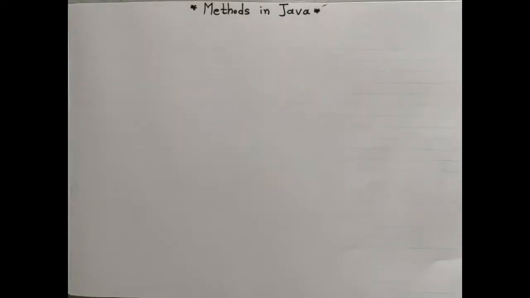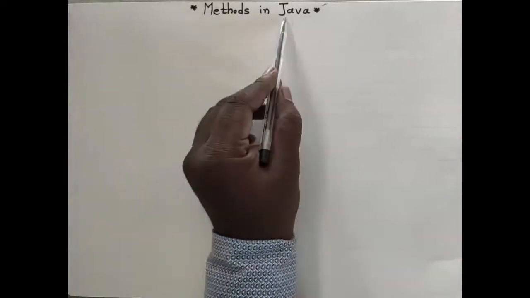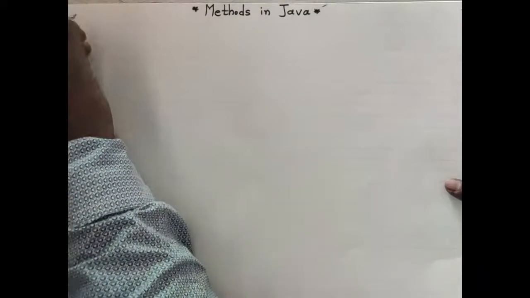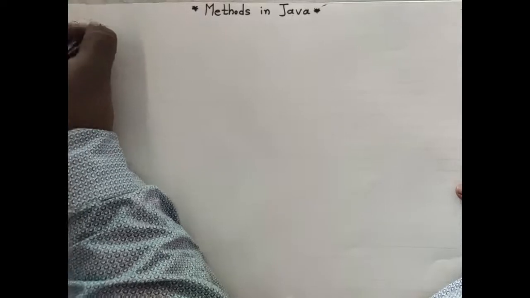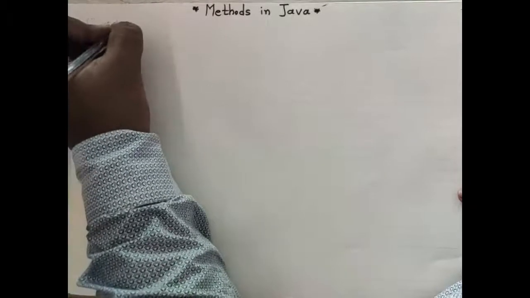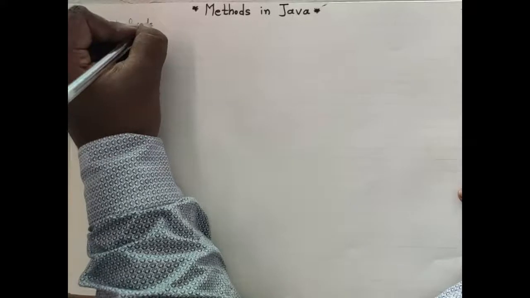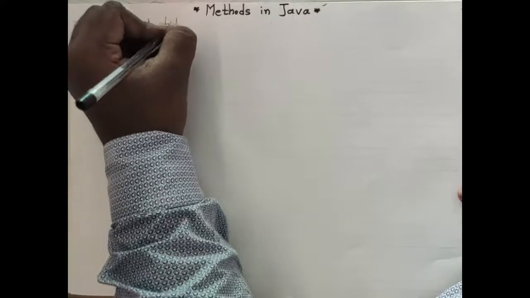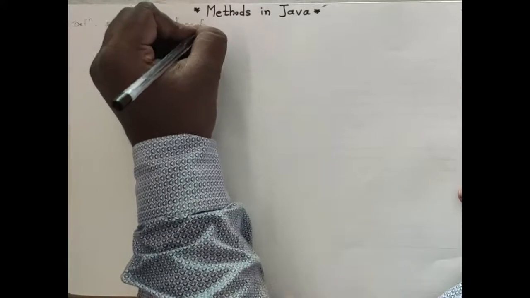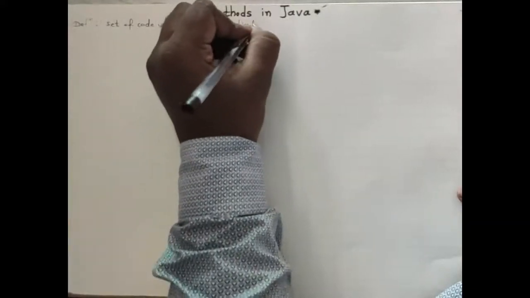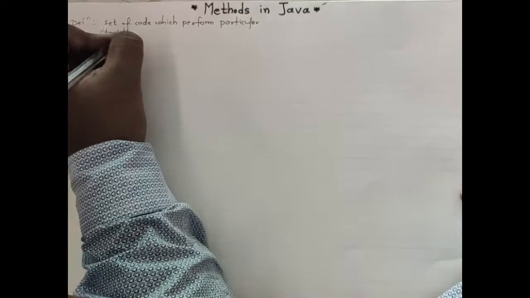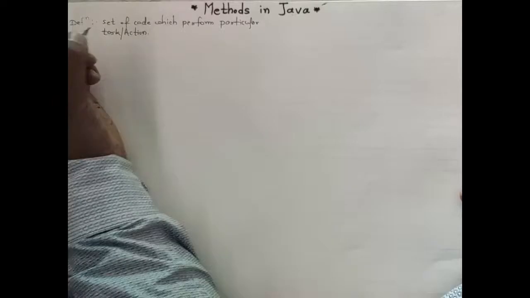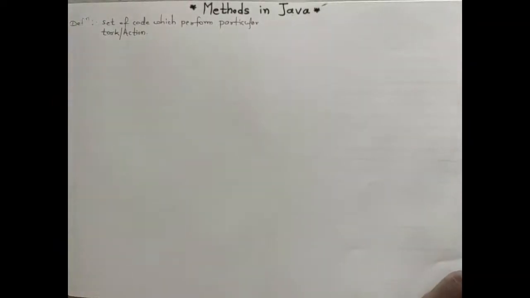So in this session we are discussing methods in Java. Just here I am writing the definition. Definition: a set of code which performs a particular task or action is called a method.